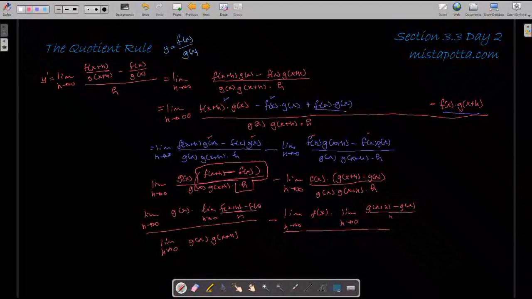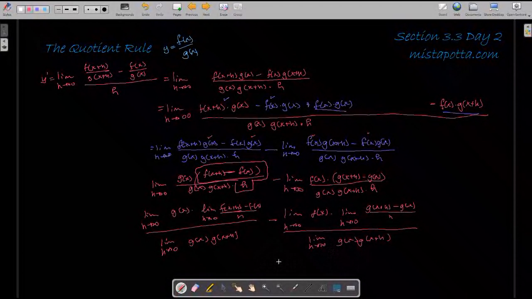And all this is being divided by the limit as h approaches 0 of g of x times g of x plus h.